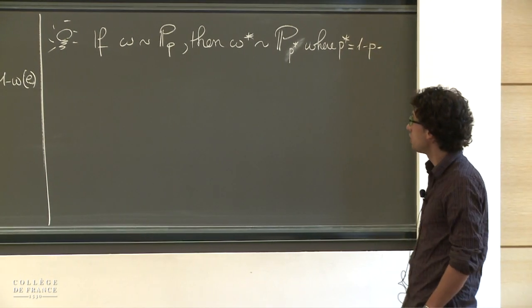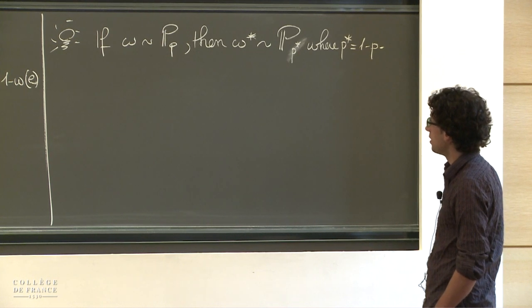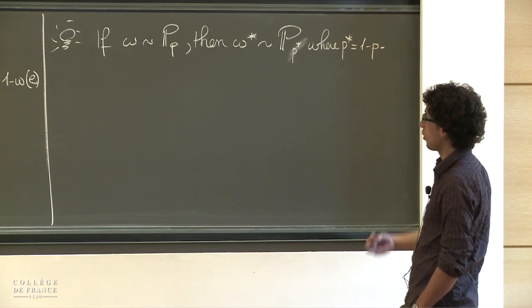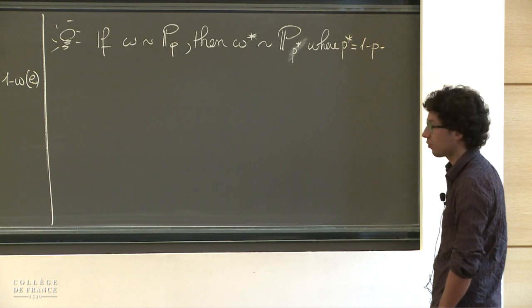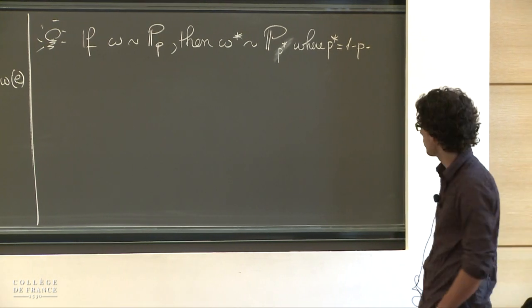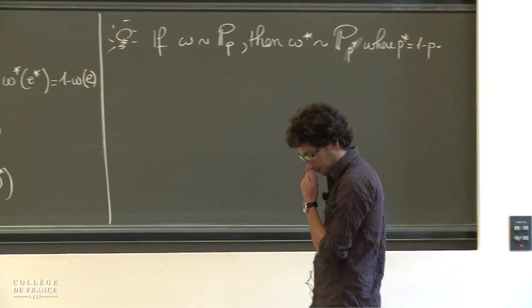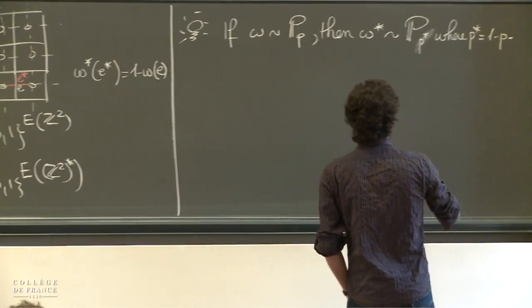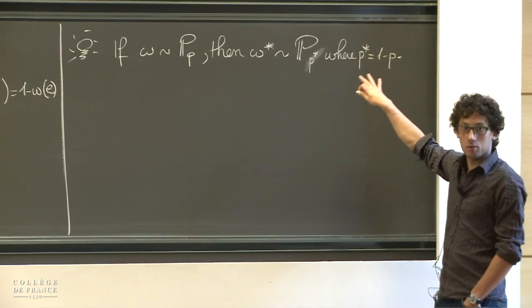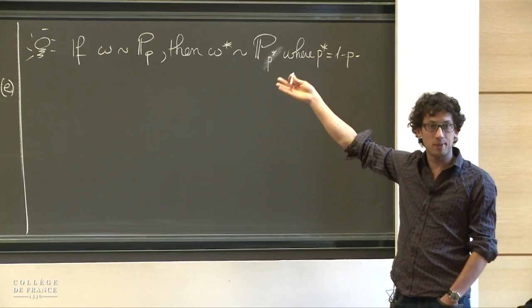I mean, every edge is open with probability, well, the probability that the corresponding edge of the primal lattice is closed, so with probability 1 minus P, and it's independent of the others. Very well. So now you see that 1/2 plays a special role here. It's the only point for which P star is equal to P.